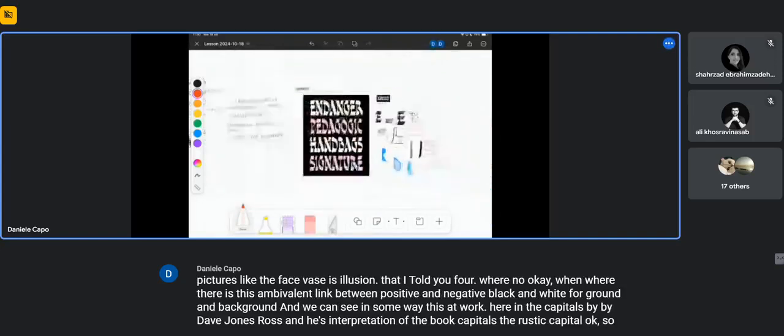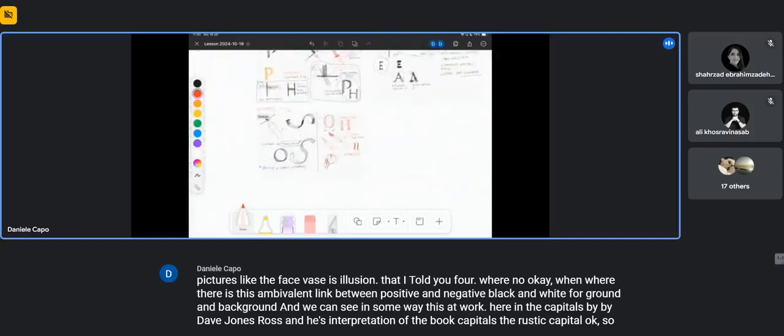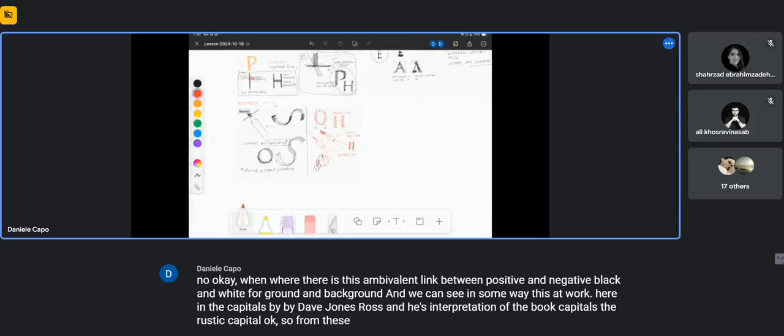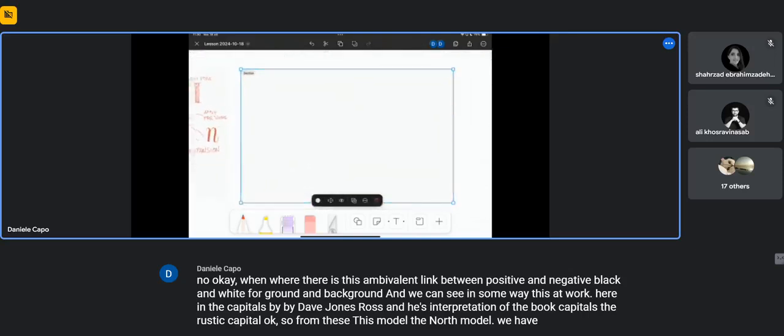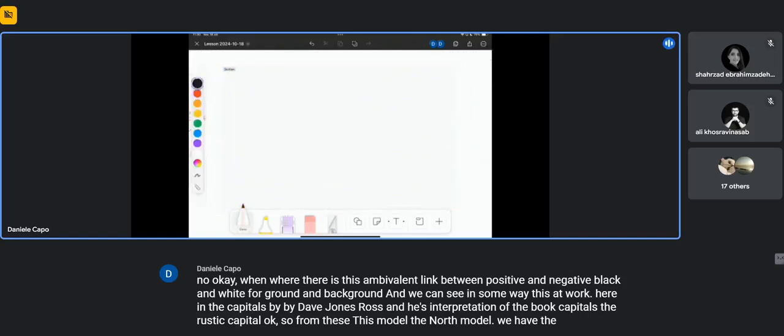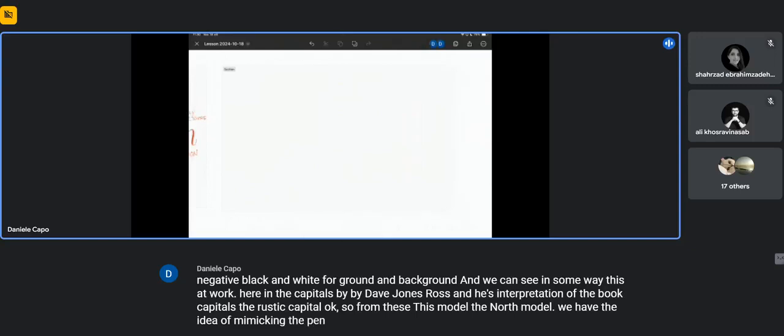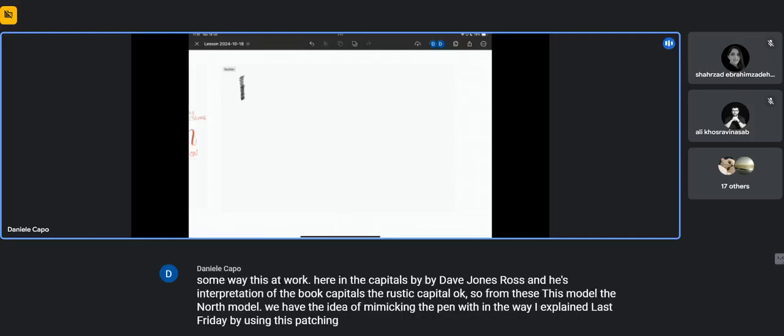Okay, so from this model, the Nordsey model, we have the idea of mimicking the pen in the way I explained last Friday, by using this hatching technique.